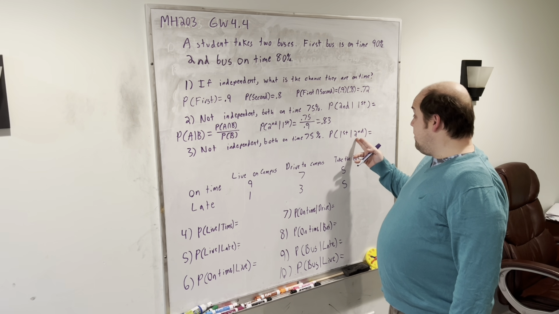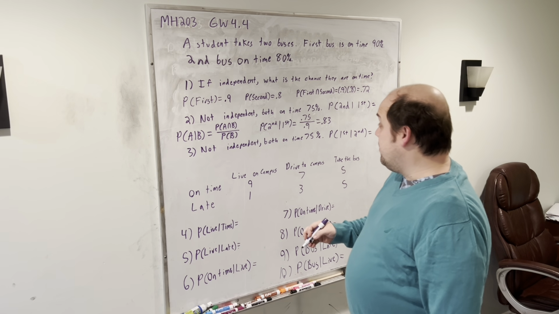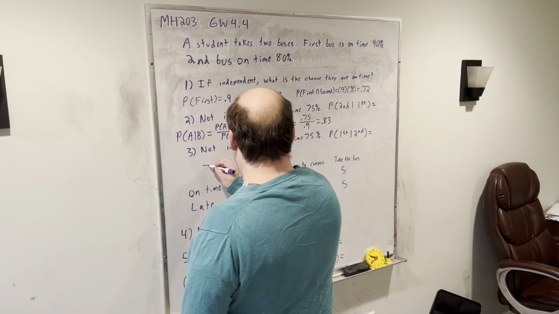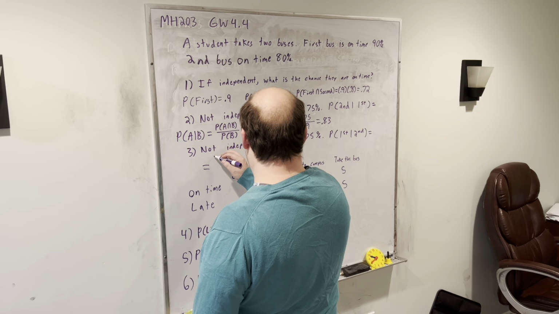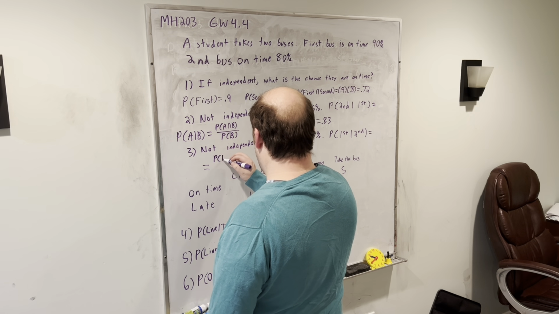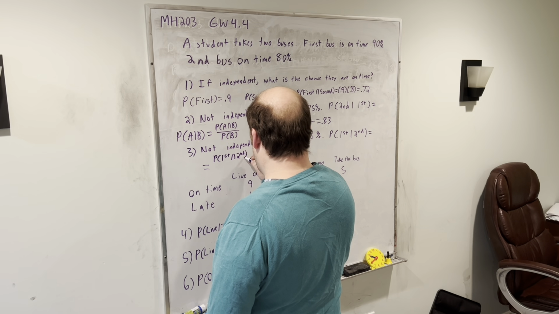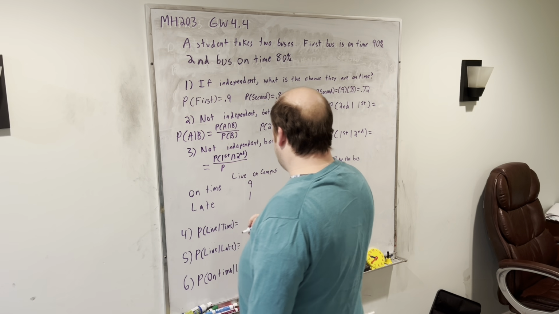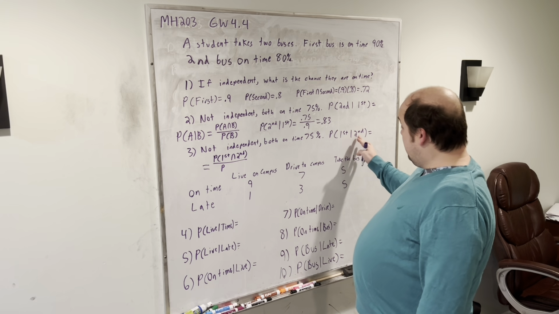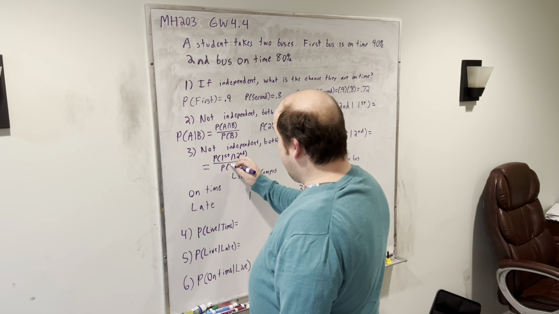If we know the second bus has already occurred and we're trying to find the probability of the first bus occurring, what we're really going to do is take the probability of both happening, probability of first and second, and divide it by the one we know already happened. After the given line in this case is probability of second.